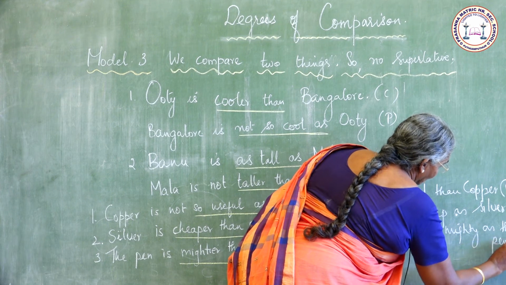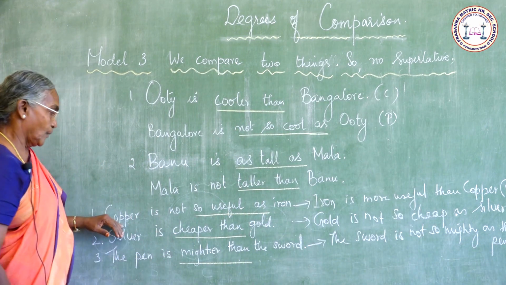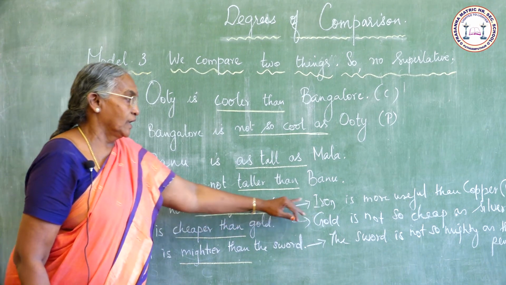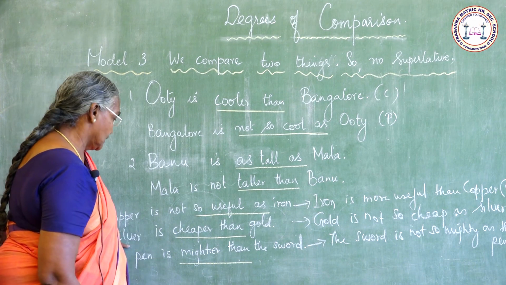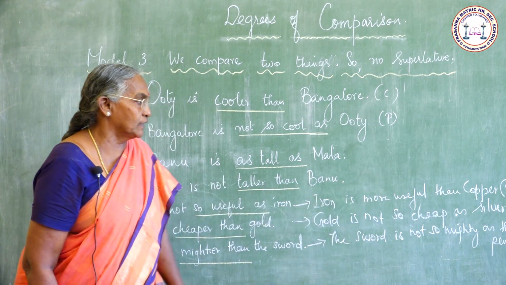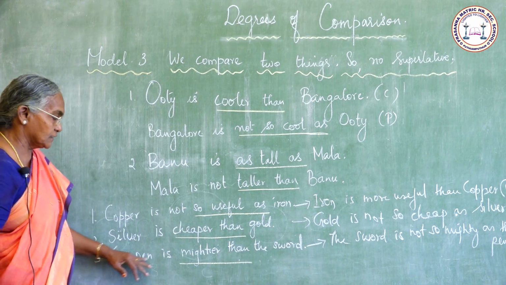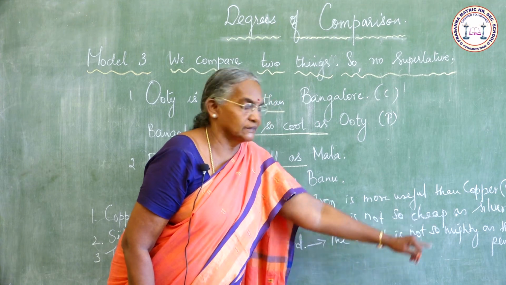This is positive. Copper is not so useful as iron. Iron is more useful than copper. Comparative. Silver is cheaper than gold. Gold is not so cheap as silver. Positive. The pen is mightier than the sword. Sword is not so mighty as the pen.